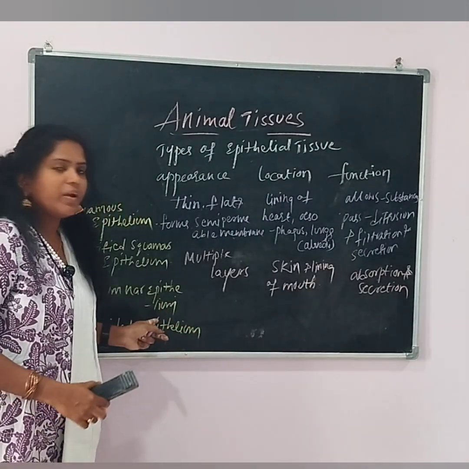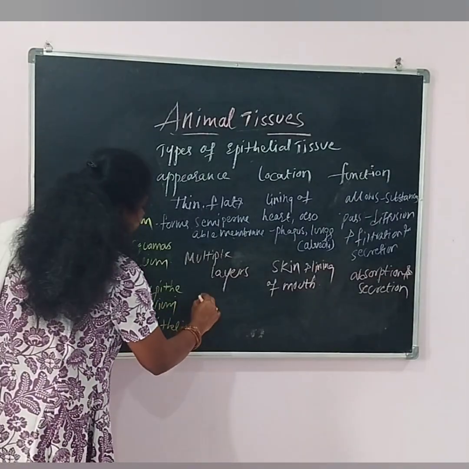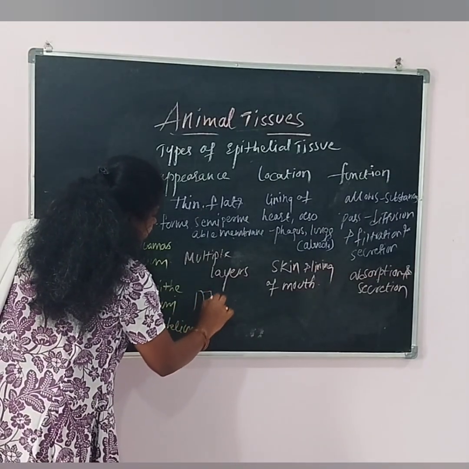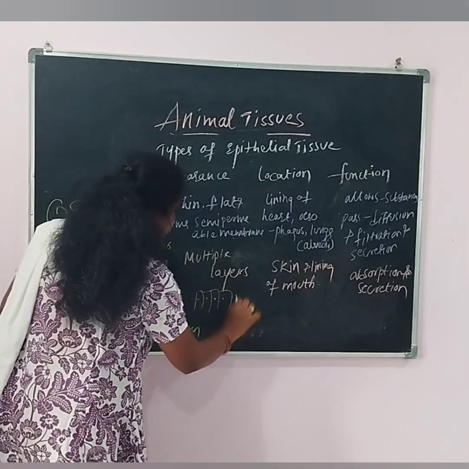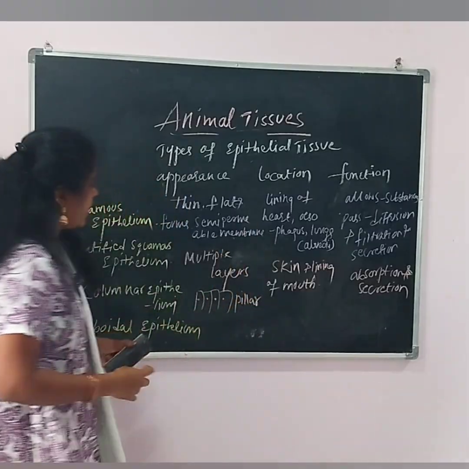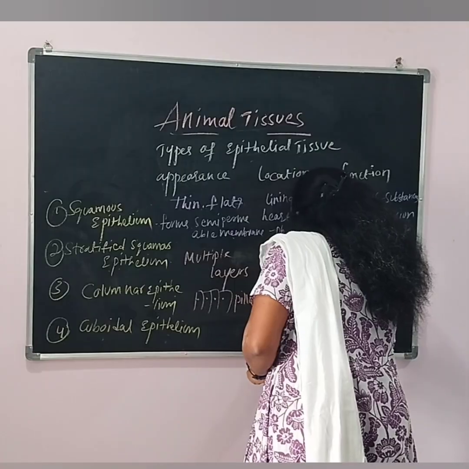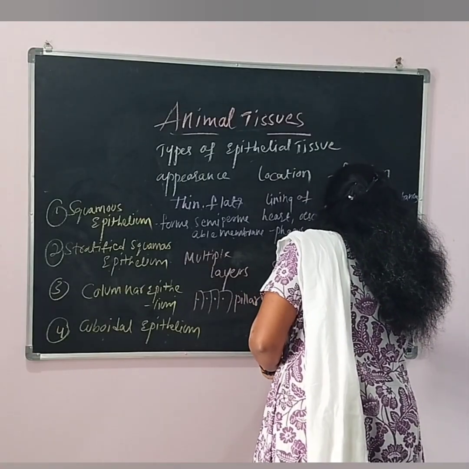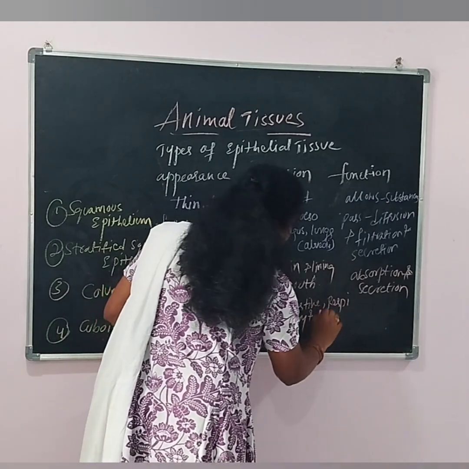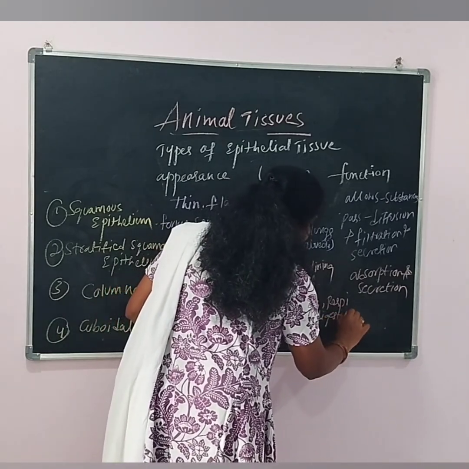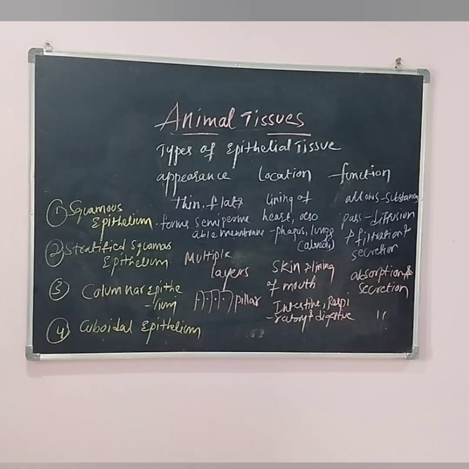And columnar epithelium: it looks like a pillar, the cells arranged side by side, pillar in shape. And location: intestine, walls of the intestine, respiratory tract, and the digestive tract. Same, absorption and secretion.